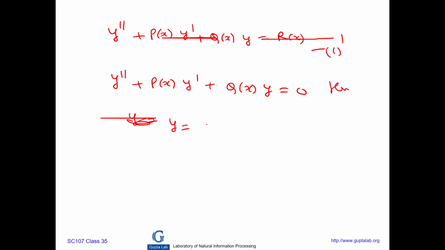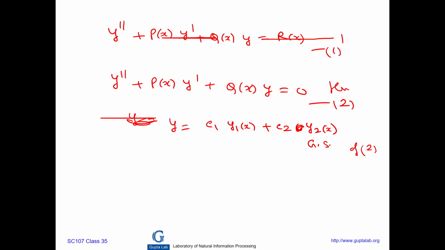So we have the general solution as c1 times y1(x) plus c2 times y2(x). This is our general solution of equation 2. Right. Okay. This is known.